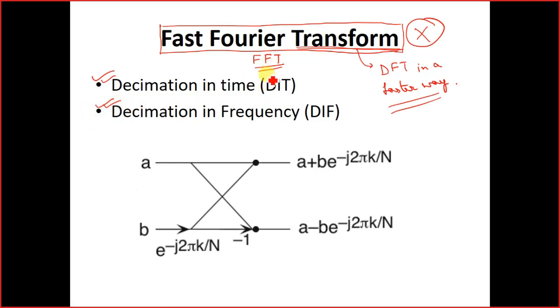Now, the FFT implemented by the process of decimation in time is regarded as DIT FFT, whereas the FFT implemented using the decimation in frequency method is regarded as DIF FFT.